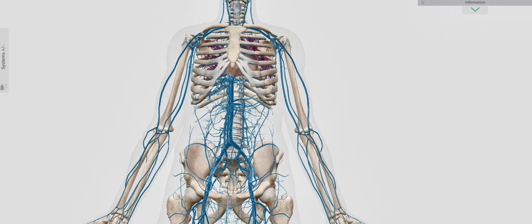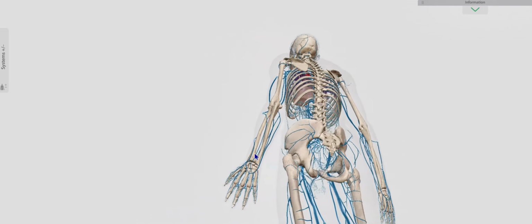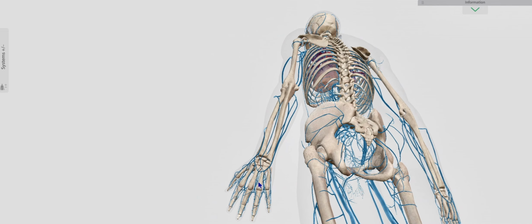I'm a big fan of trying to get something in the forearm because this becomes problematic with an IV because of the bend there, and it's not comfortable for the patient. And every time you bend your elbow there, you can shut off the flow of the fluid through. In terms of the hand, there's quite a few veins you can use there.